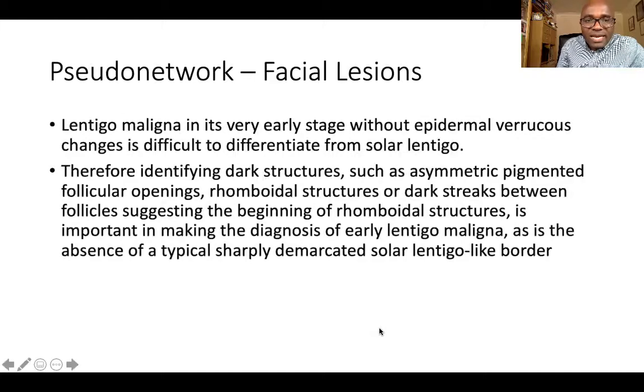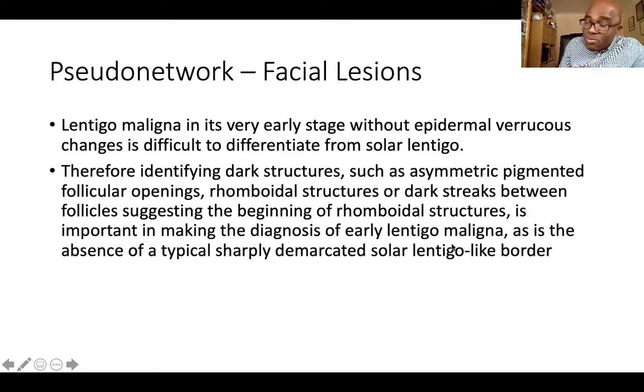So lentigo maligna in its very early stages, without epidermal changes, is very difficult to differentiate from solar lentigo. Identifying these dark structures, such as the asymmetrical pigmented follicular openings and the rhomboid structures between the follicular openings, suggests the beginning of lentigo maligna, which is really helpful to make a diagnosis of early lentigo maligna.